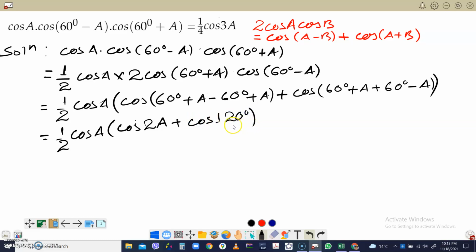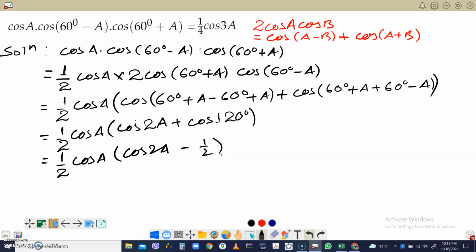You will always get one of the standard values of 60, so here cos 120 is a standard value. So we'll substitute the value for cos 120: half cos A, cos 2A, and then cos 120 means minus 1 by 2.